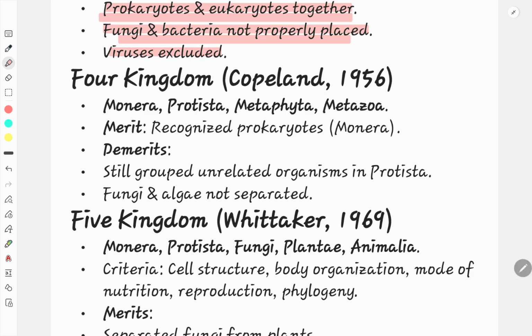The four kingdom classification was given by Copeland in 1956. There is the introduction of a new kingdom, that is Monera, which consists of prokaryotes, and Protista, which was discovered earlier, and Metaphyta and Metazoa. Phyta means plant and zoa means animal. He was the first to recognize the prokaryotes as a different kingdom.